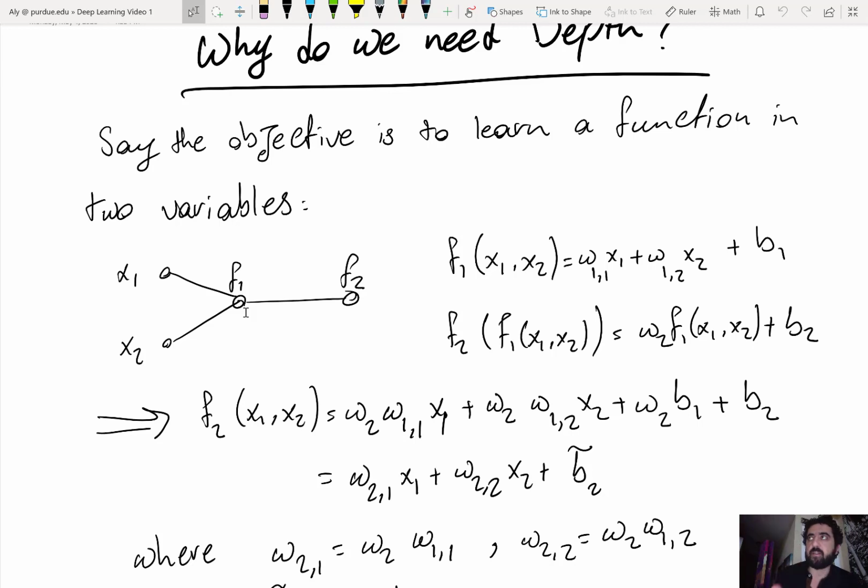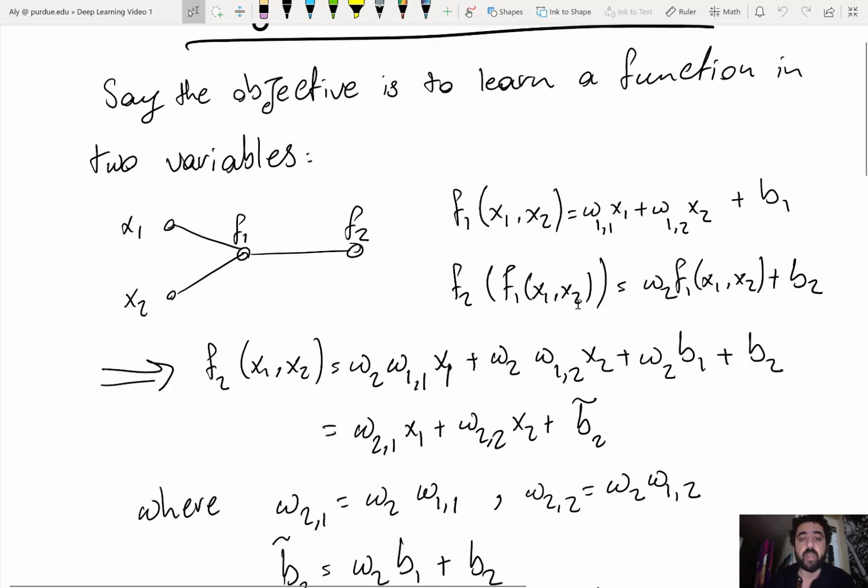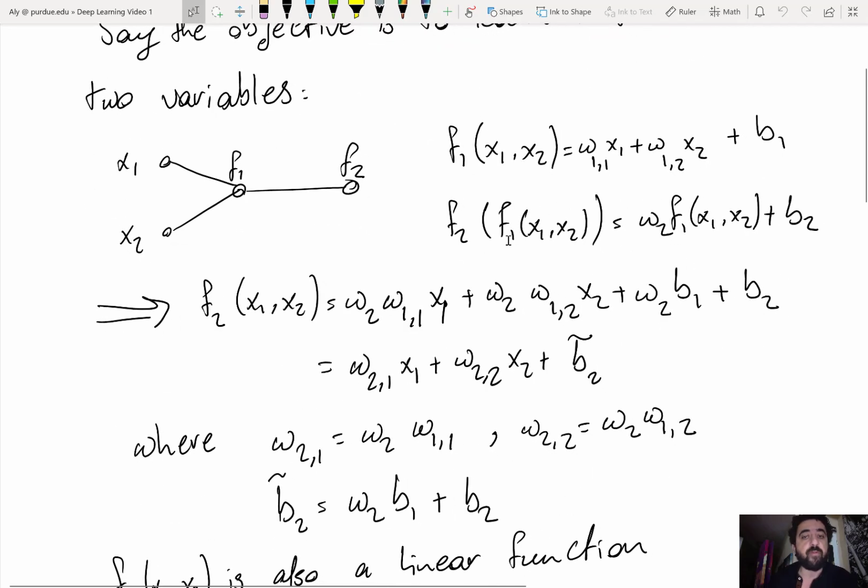So imagine this is to represent a neural network where in each layer you have neurons that are linear functions of their inputs from the previous layer. So f1 is a function of x1 and x2, and this function is represented by a weight w11 times x1 plus another weight w12 times x2 plus a bias b1. f2 is a linear function of f1.